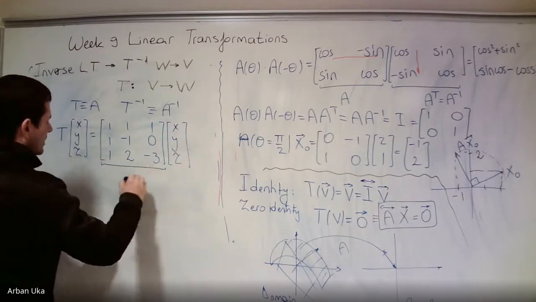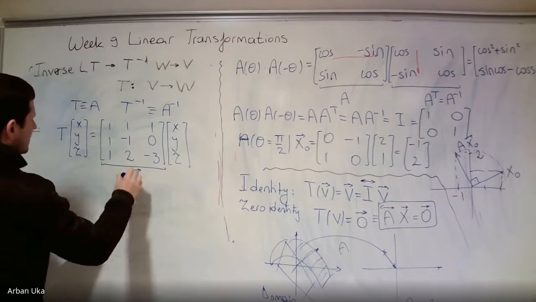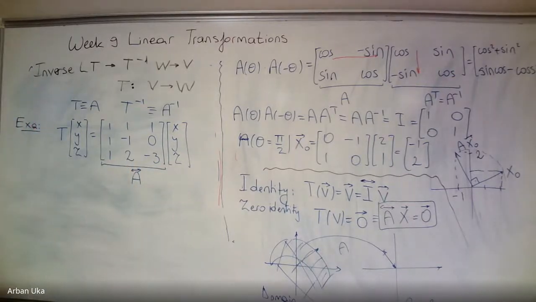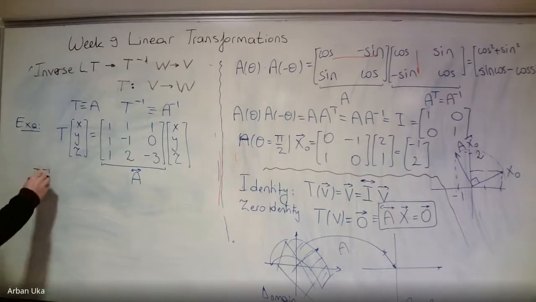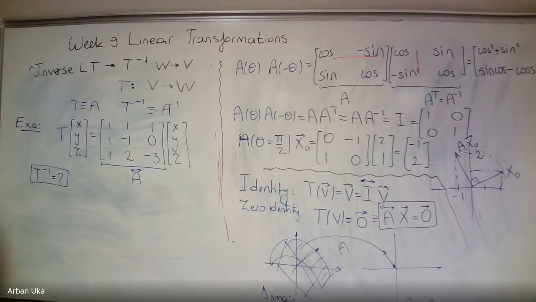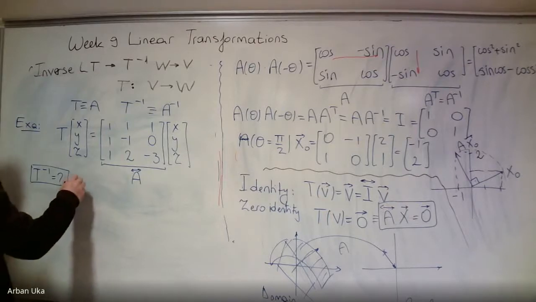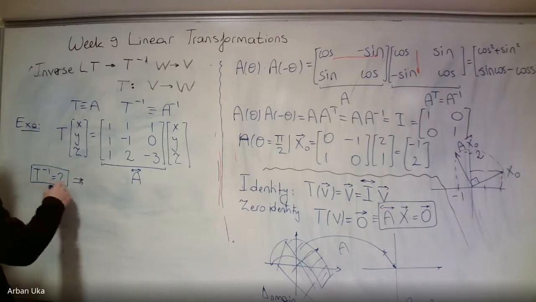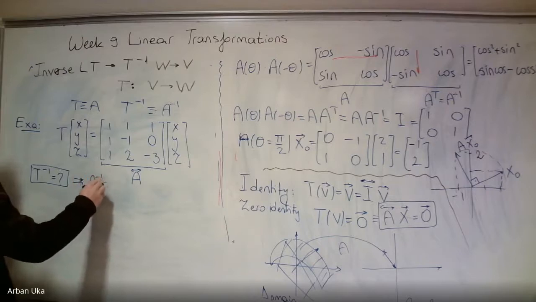We should not forget that this was the matrix A. Now, the question is, let's find what is T inverse. How can we find the T inverse? Given this as a question, this is equivalent to the following.